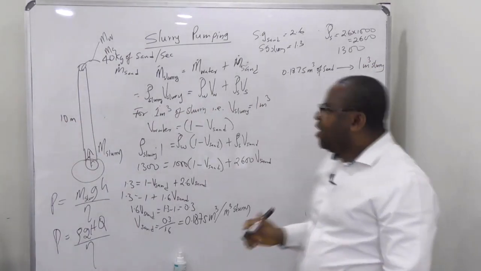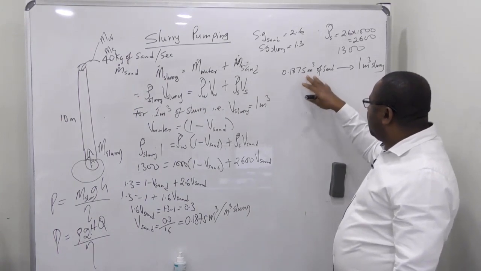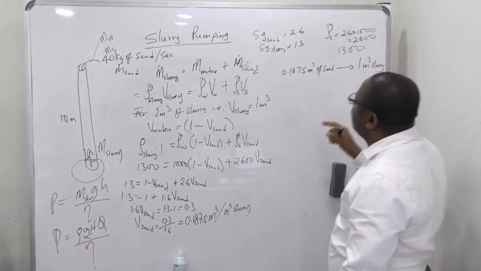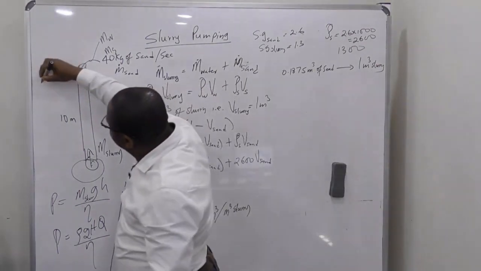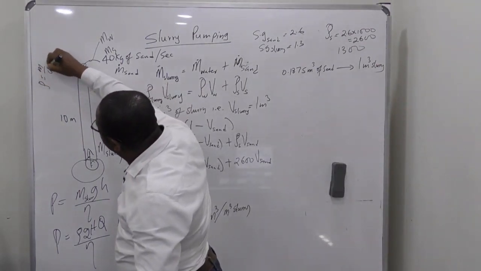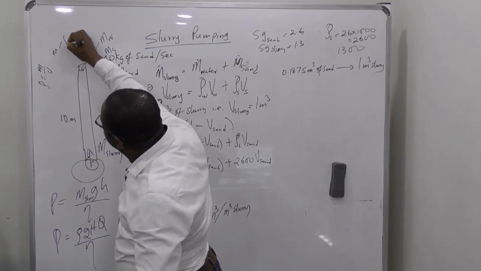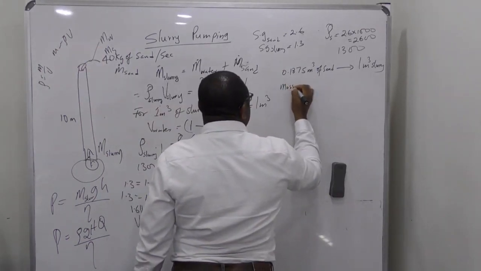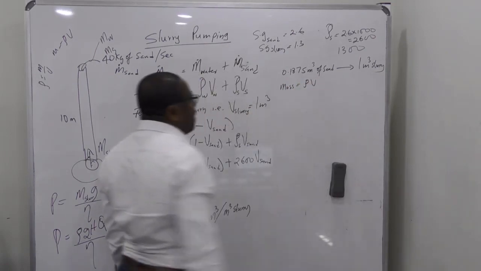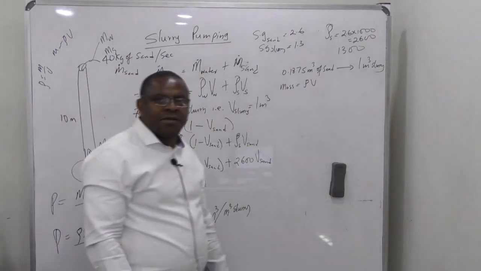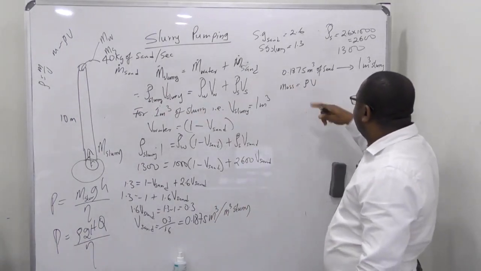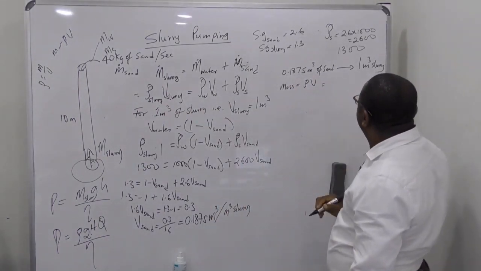Okay, so now this is volume. We can easily calculate the mass. How do we calculate mass? We said density is mass over volume, so mass is density times volume.